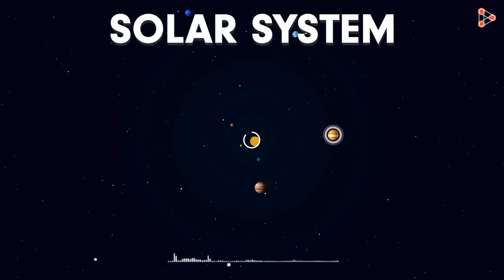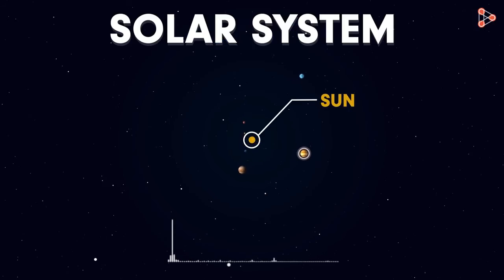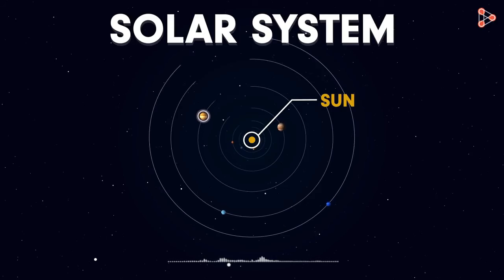Now, the sun is stationary at the center, while the planets revolve around it. But have you noticed that the planets always revolve in a fixed path? We never find any planet jumping to a different path all of a sudden, right? They always encircle the sun in defined paths.